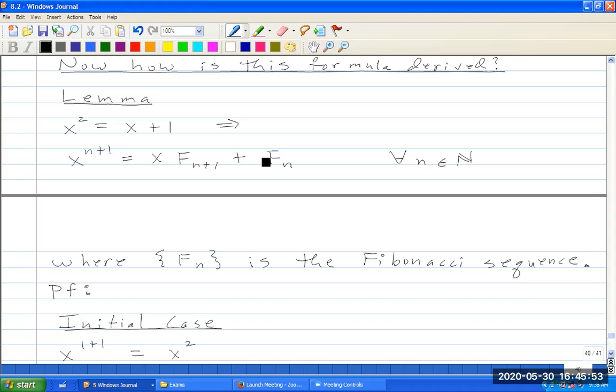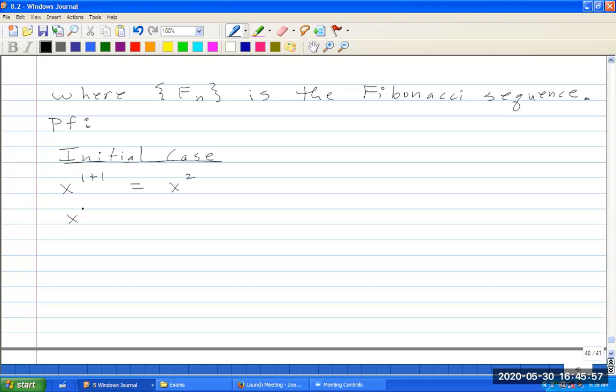And so I have x times f sub 1 plus 1 plus f sub 1. Let's see what that's equal to.